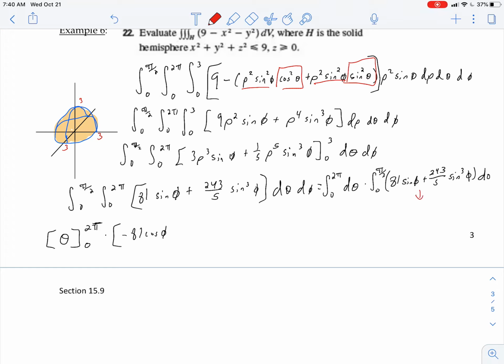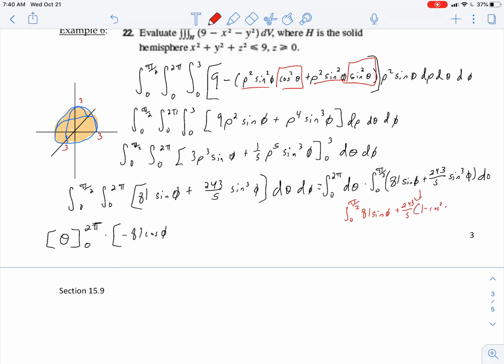And so, yeah, I'm not going to have the space. Okay, I'm going to change this here. So this integral can be rewritten this way. 0 to pi over 2, 81 sine phi plus 243 over 5 sine cubed phi.